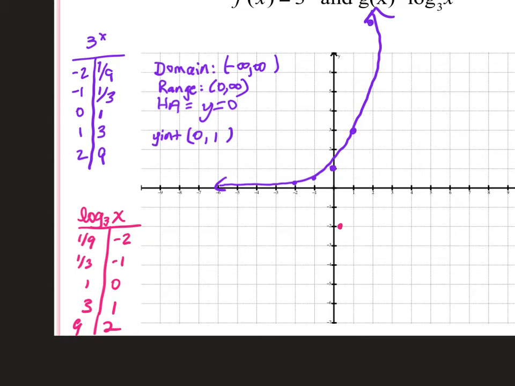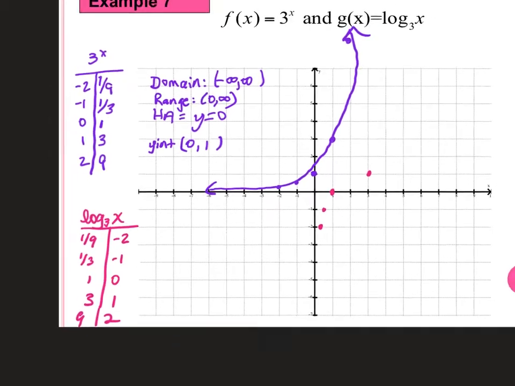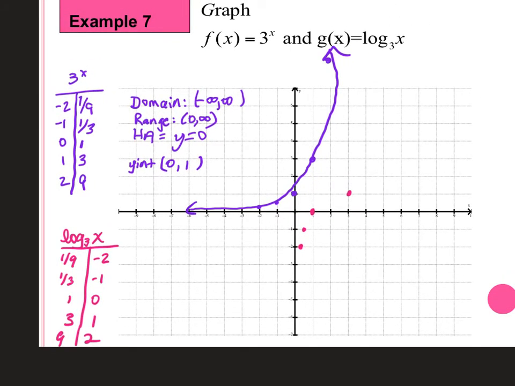That's a little too far over. At 1, 0, I'm at the axis. Then I'm at 3, 1, and at 9, 2. So I'm going to draw my nice smooth curve, just following along my dots.